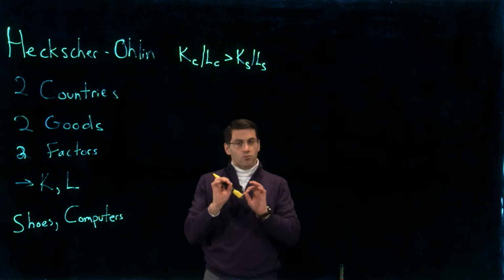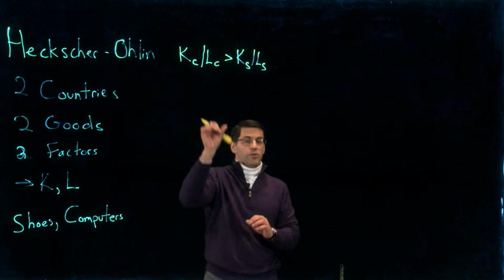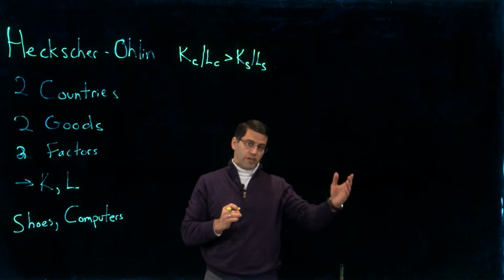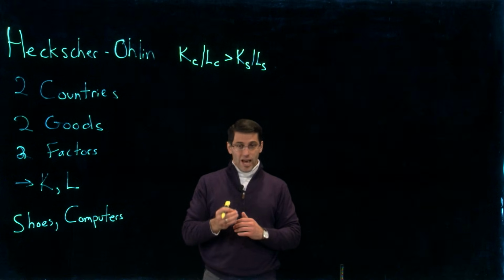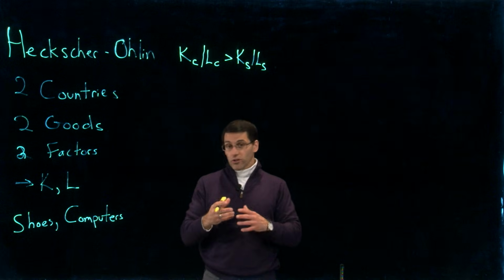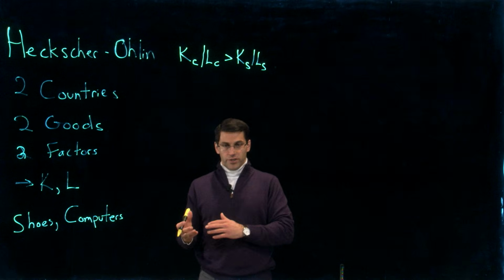Now, of course, if we're saying that computer production is capital intensive relative to shoe production, and that's a key thing, this is a relative concept, right? Comparing the ratio of capital to labor employed in computers to that same ratio for shoes. So if we're saying that computer production is capital intensive, we're also saying that shoe production is labor intensive. Right?